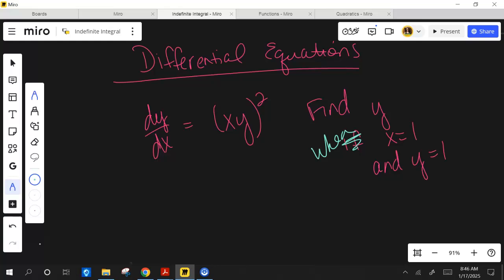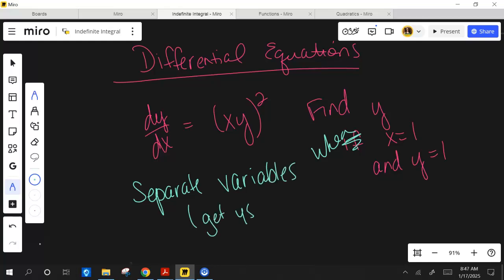I'm saying when x equals 1, y equals 1, but find the equation for y. General equation. Your first step is always in here to separate the variables. Get the y's with dy on one side.